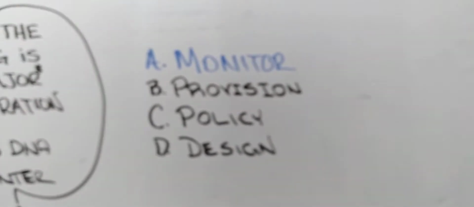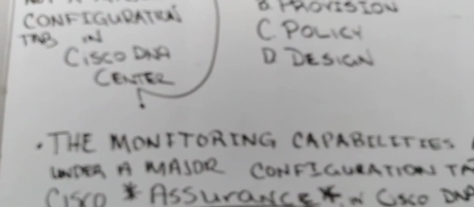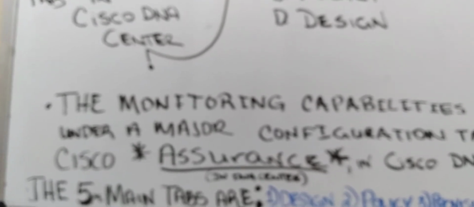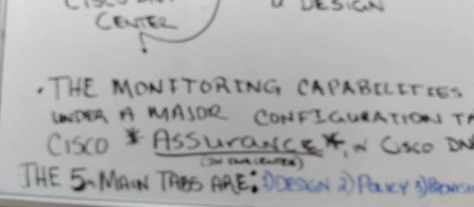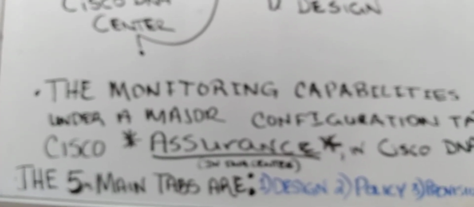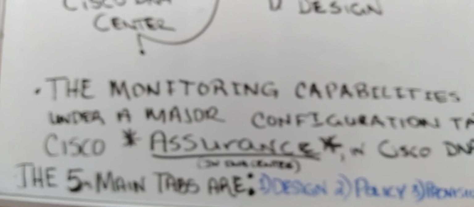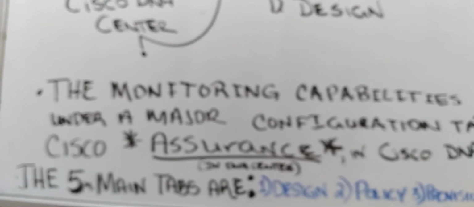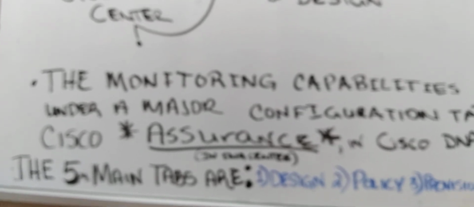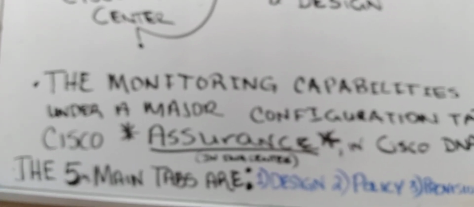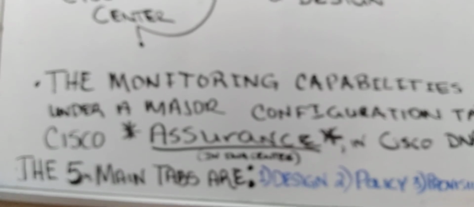The reasoning behind that is that the monitoring capabilities are located under a major configuration tab called Cisco Assurance in Cisco DNA. So the monitor is in there, but it's not under a major configuration tab. It's under the Cisco Assurance in Cisco DNA Center.